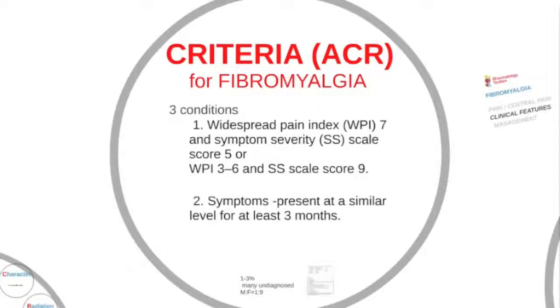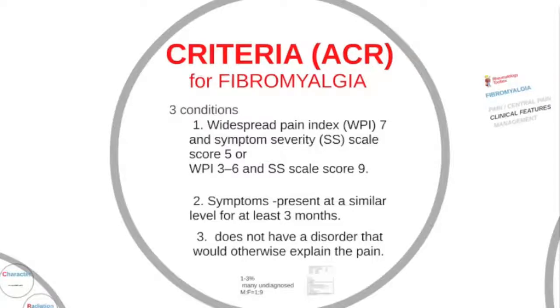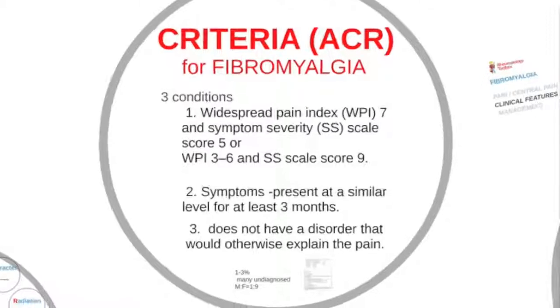Symptoms have to be present for at least 3 months at a similar level, and there is an exclusion, like with many diagnostic criteria, that the patient does not have another disorder that can account for their symptoms.